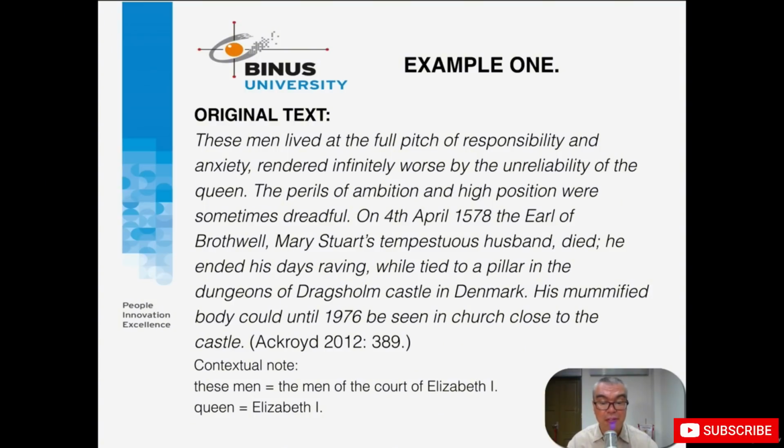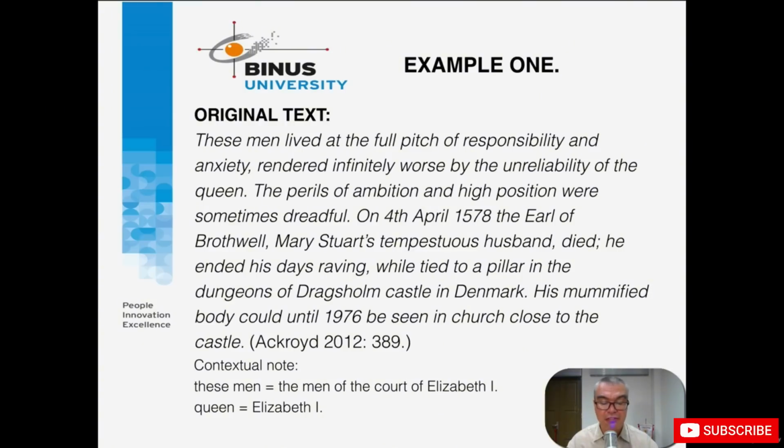On 4th of April 1578, the Earl of Bothwell, Mary Stuart's tempestuous husband, died. He ended his days raving while tied to a pillar in the dungeons of Dragsholm Castle in Denmark. His mummified body could, until 1976, be seen in church close to the castle.